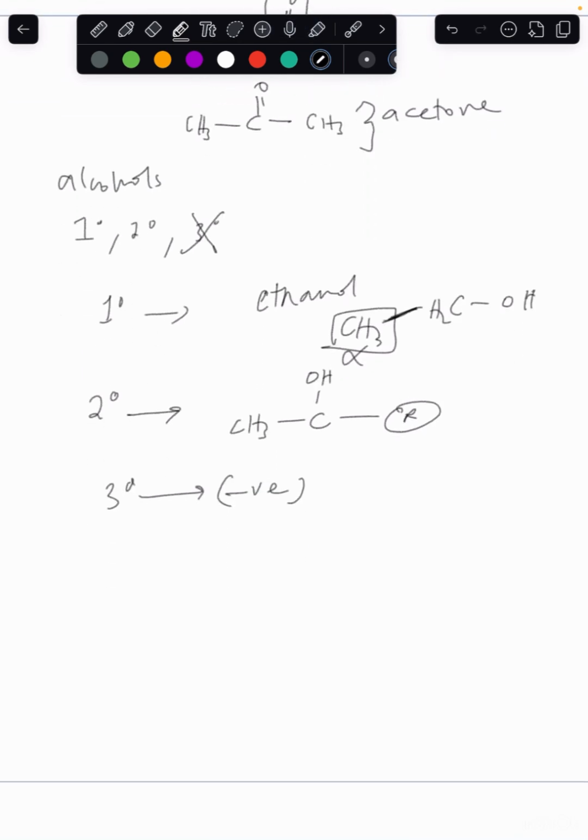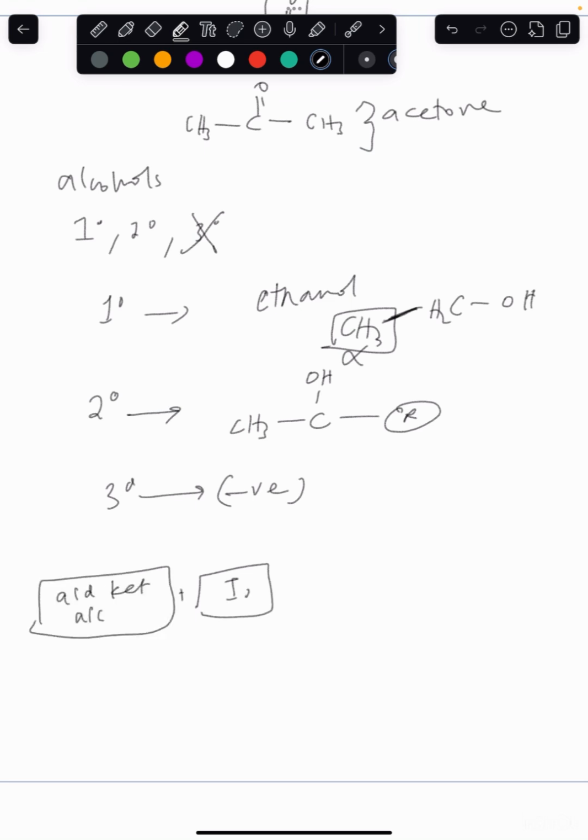Now the reactants that are involved in the reaction are first the aldehyde, ketone or alcohol, and then the iodine in the presence of an alkali, for example NaOH. Now one thing to note is that for aldehyde and ketones, this will be 3 moles, this will be 4 moles. That is just the basic part.